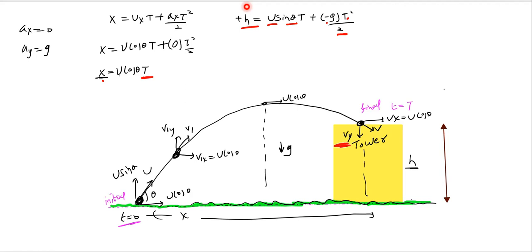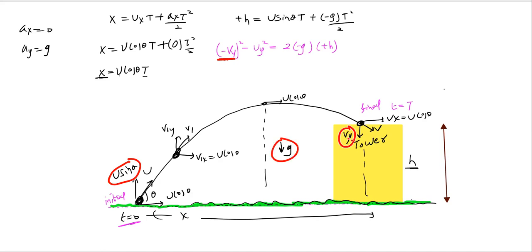Now, sir, how do you calculate Vy? Again, we'll apply the equations of motion. Vy whole square equals uy square. Now look at this. So minus Vy. This Vy is directed opposite to u sin theta. G is directed opposite to u sin theta, negative.